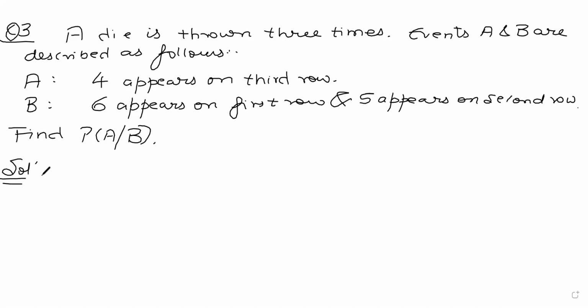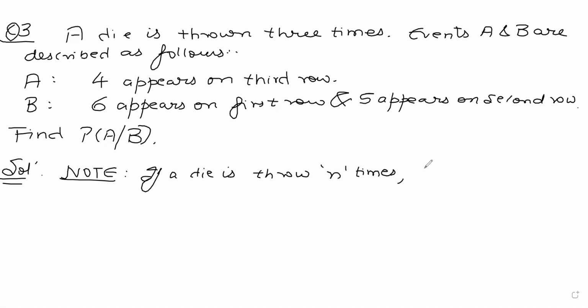Okay, so we need to find the probability given that the event B has occurred. First of all, we can describe the sample space of the experiment. When a die is thrown 3 times, we can write a note: if a die is thrown n times, the total number of outcomes is 6 to the power n.